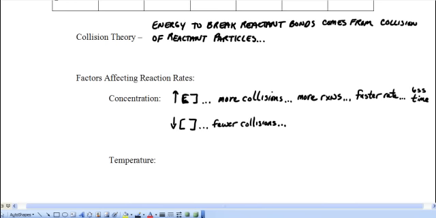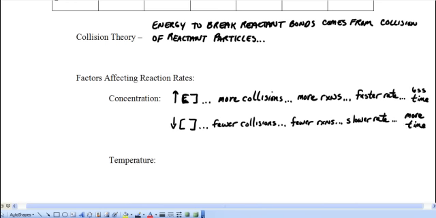If you have fewer collisions, you'll have fewer reactions. If you have fewer reactions occurring, you'll have a slower rate, and therefore reactions will take more time to go to completion.